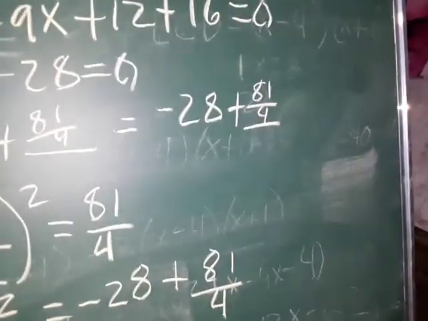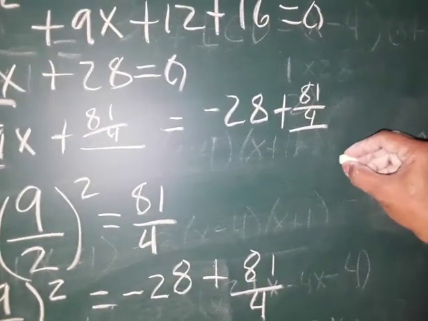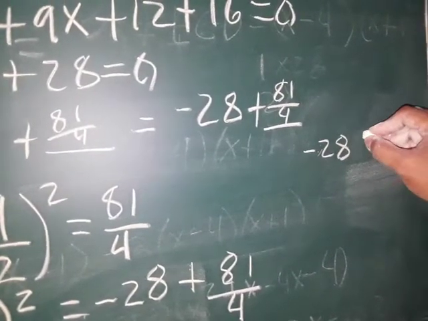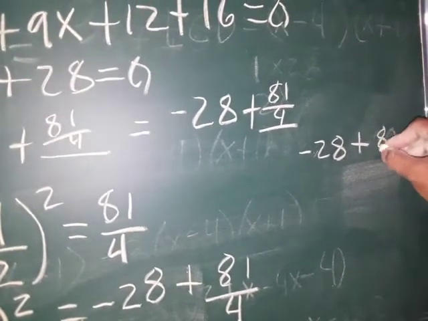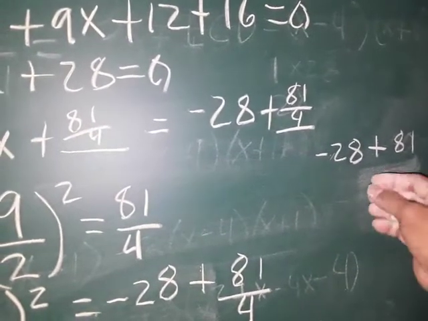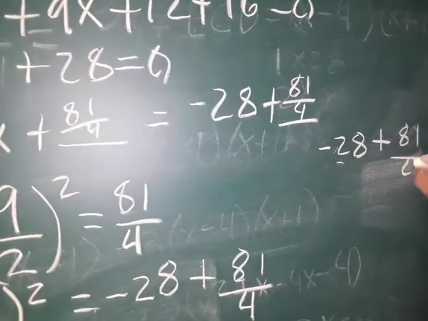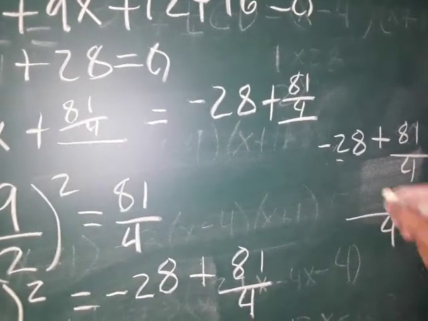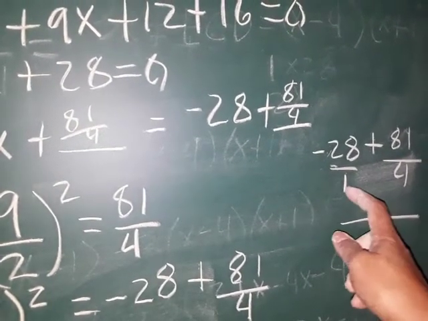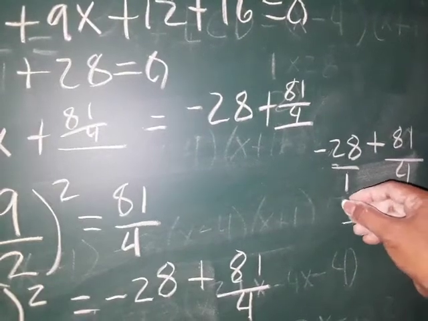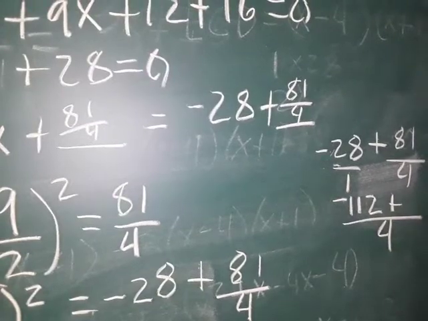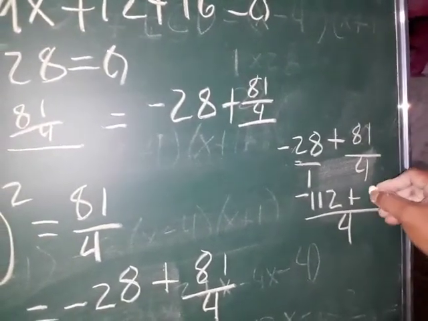We have here negative 28 plus 81 over 4. Our LCD is 4. This is over 1. So 4 divided 1 is 4. 4 times negative 28 is equal to negative 112 plus 4 divided by 4 is 1. 1 times 81 is 81.